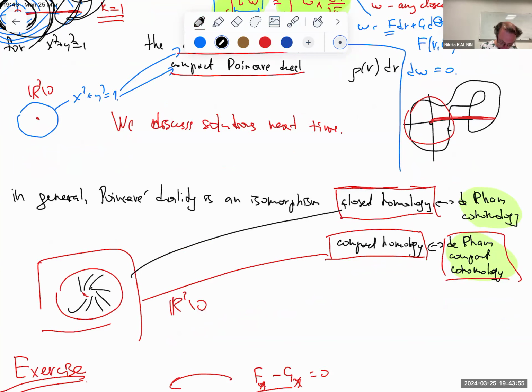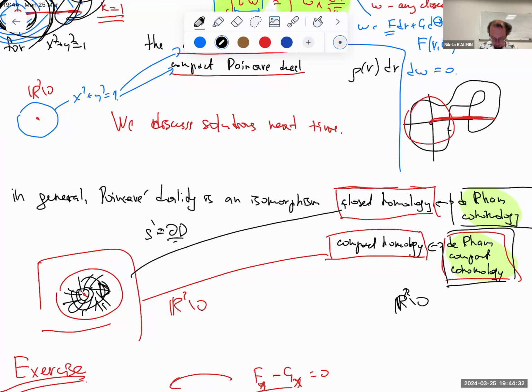It's the boundary of what's inside. So dS1 is a boundary of D. Because D is a closed chain. It has an infinite number of simplices, but it's closed, so its image is closed in the space that you consider. And so this will represent also the difference between the de Rham cohomology and the de Rham cohomology with compact support of R2 without zero. They just have different generators.